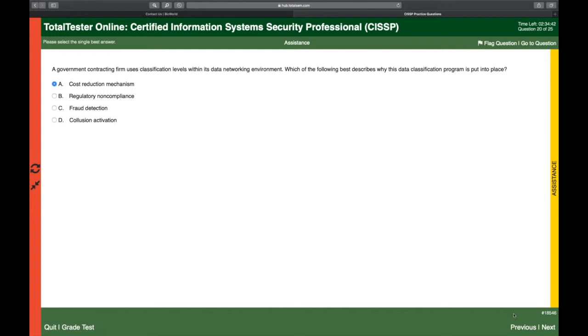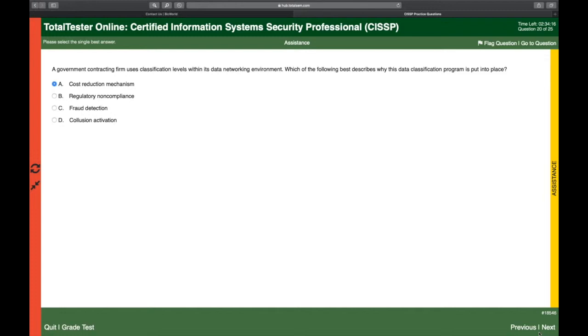It's not intuitive to me either, and I couldn't see it, and I don't recall what the explanation was, but we'll see it on the back end. I think it had to do with if you classify data, you grant access to it in an efficient way. It's not intuitive, but we'll see it on the back end.